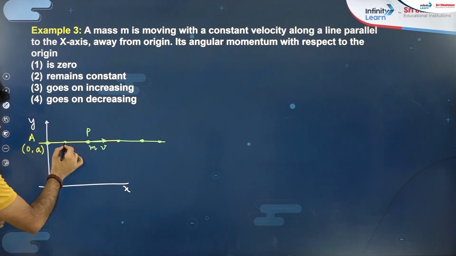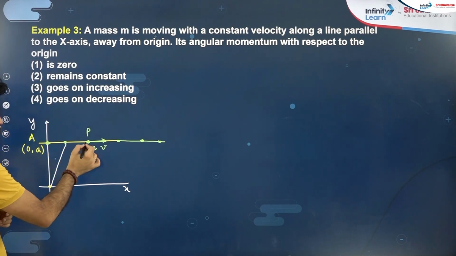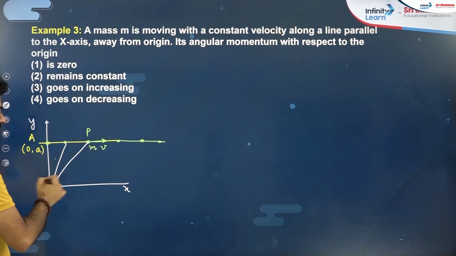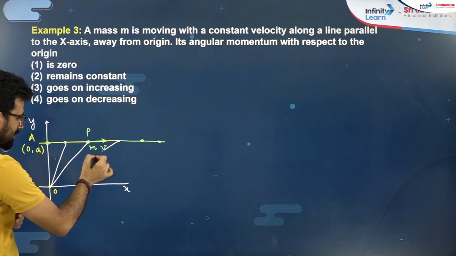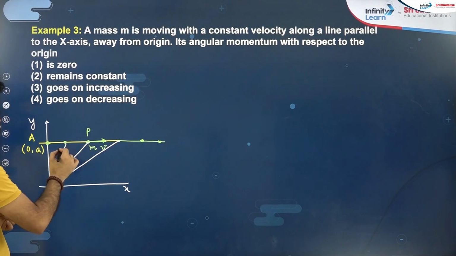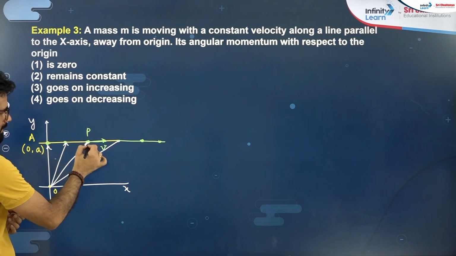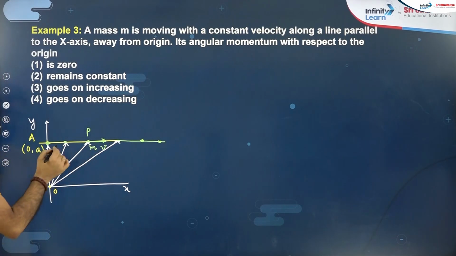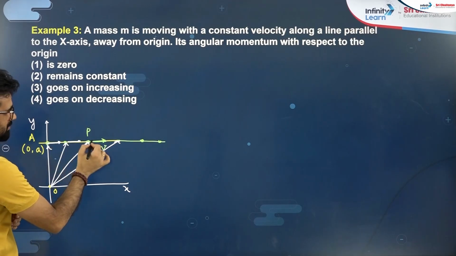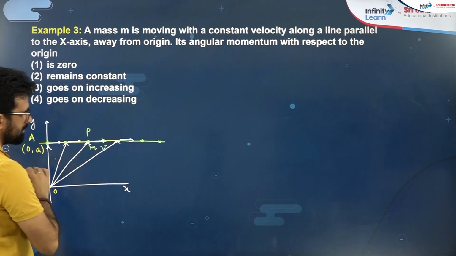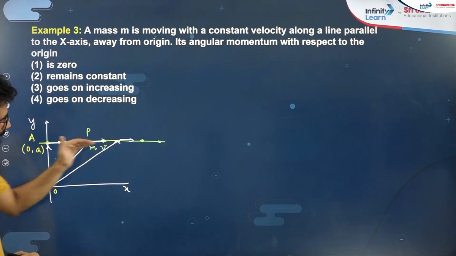When the particle is here, you join this; this is the R vector. When the particle is here, you can see this is the R vector. So these are R vectors, and the radius vector is always in this plane. This is the radius whenever the particle is moving.